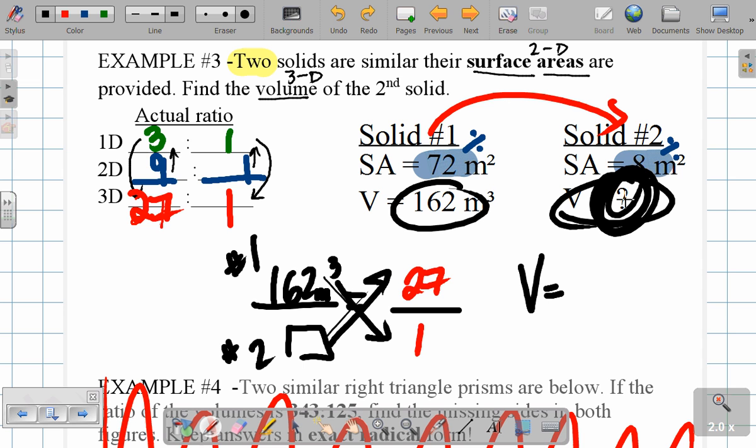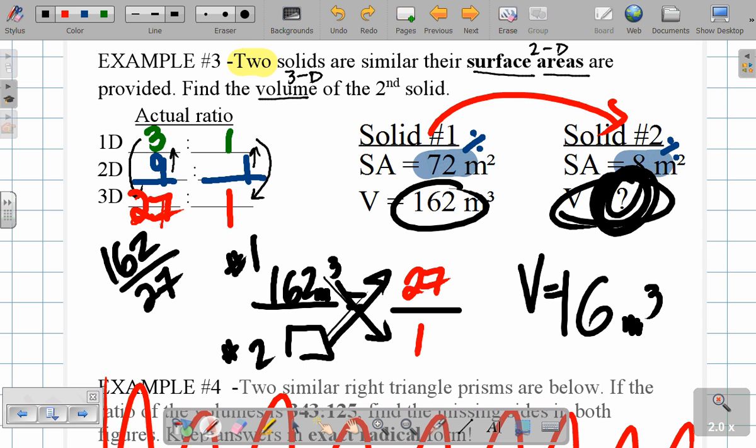Okay, let's get your calculator out. Basically, do you see it's going to be 162 divided by 27, sir? Go ahead, do that on your calculator. 162 divided by 27. What'd you get? 6 it is. 6 meters cubed.